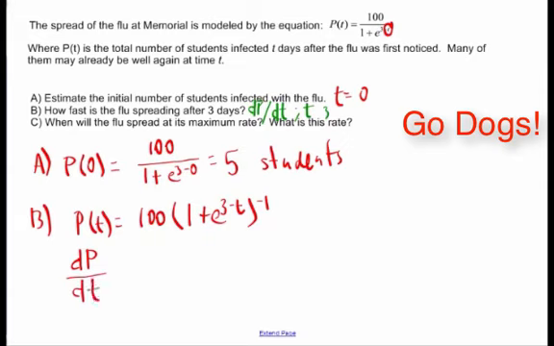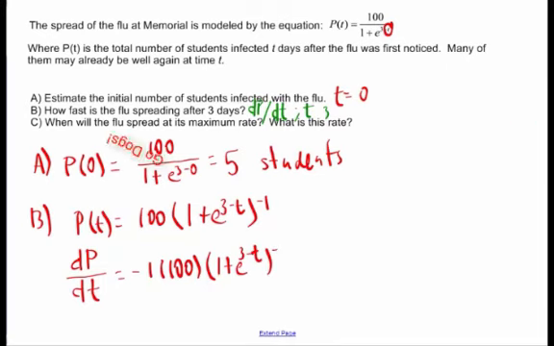And so when I do this, I'm going to have dP/dt, and that's going to be negative 1 times 100, times (1 plus e to the 3 minus t) to the negative 2, and then times the derivative on the inside.